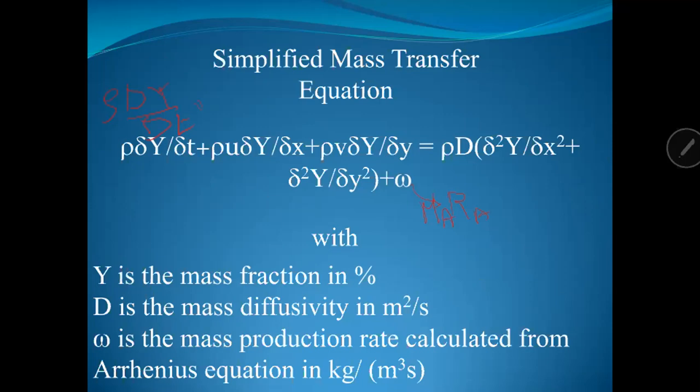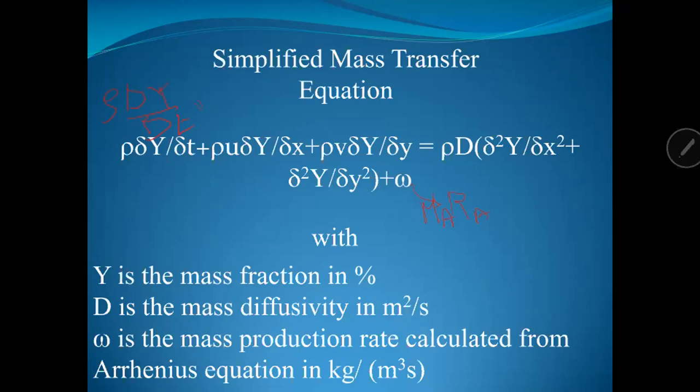Did you understand what Y is? The difference between Y and F is very big. F meaning that we have two media, liquid and gases. Here Y means that we have a heterogeneous medium.